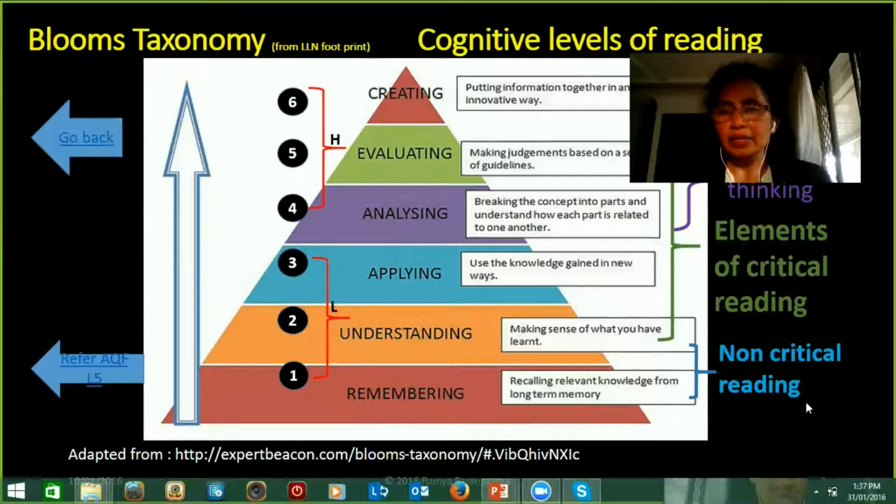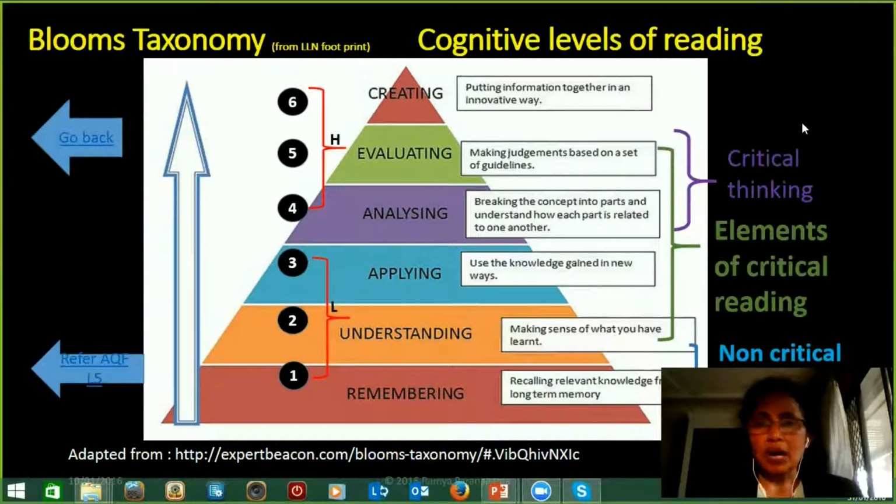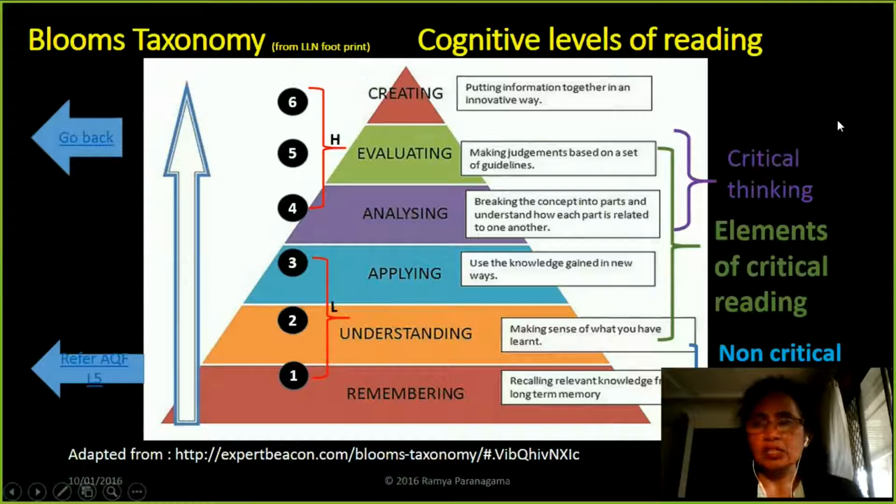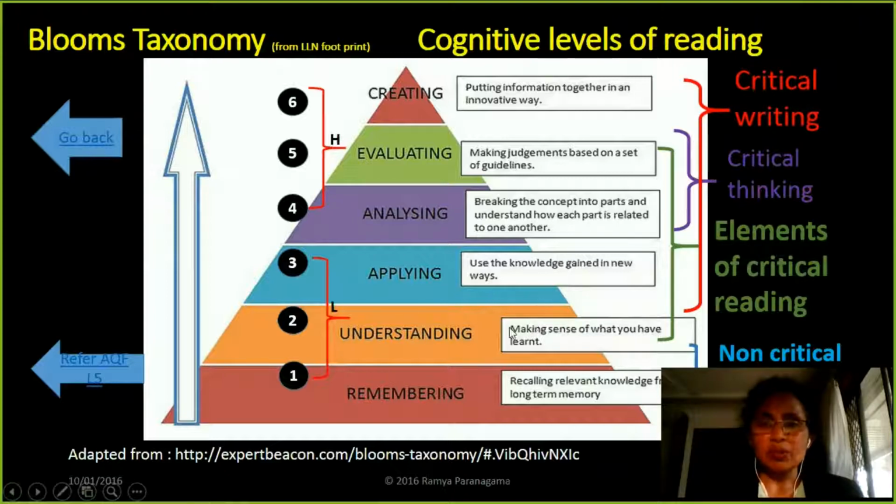Now, what I needed to do here is to identify where critical writing is. I found that to write critically, you need to go through almost all the stages: understand, apply, analyze, evaluate, and then finally create, right? The create stage may not be visible, but it's you coming up with your own argument. So that's something new. That is what is expected.